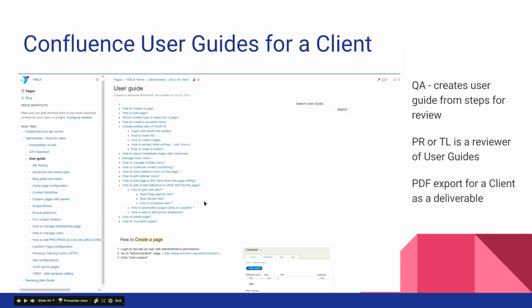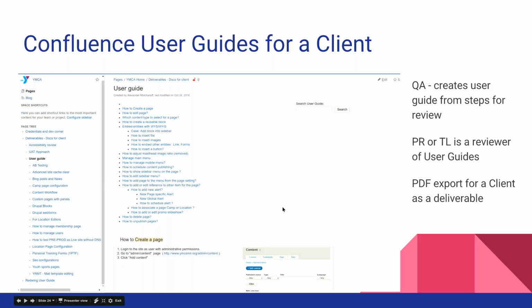And also we are using Confluence for user guides for a client. It's a really nice feature because you can link to Jira, not only to Jira, but to any external page, and then just export everything from this specific space to a PDF, which is really nicely themed and keeps links in it.